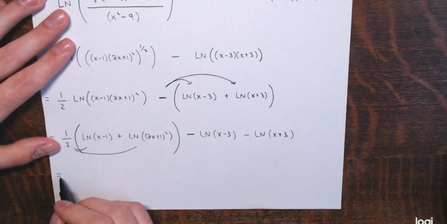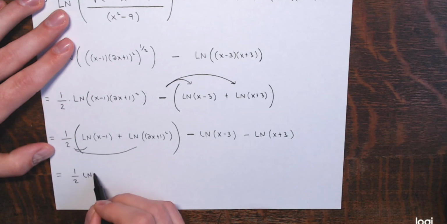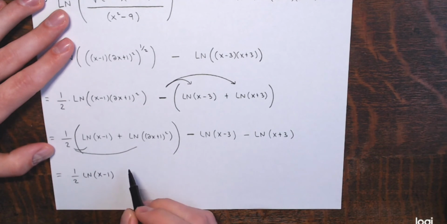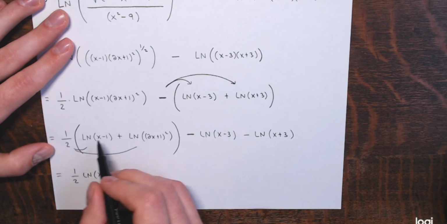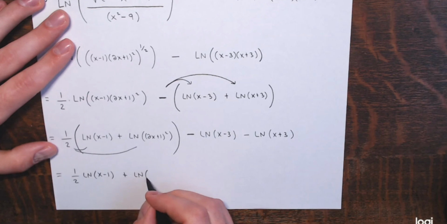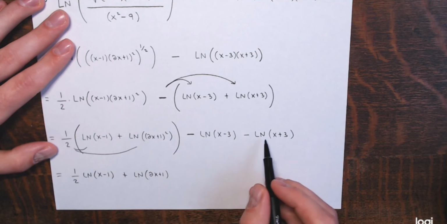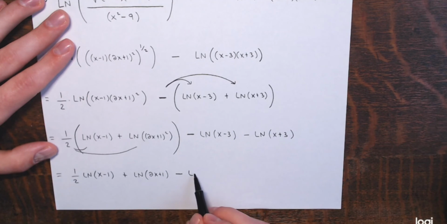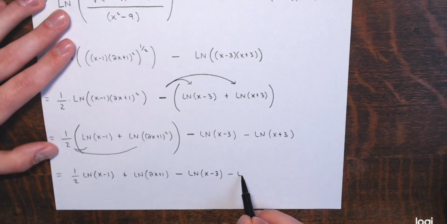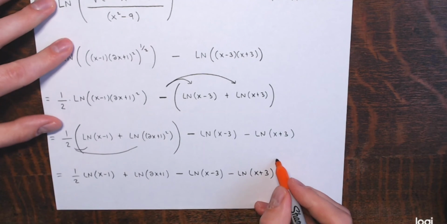So we have half times the natural log of x minus 1 plus, and then 2 times a half, which is just 1, times the natural log of 2x plus 1. Alright, the power got pulled out. And then all the rest of the stuff stays the same, minus the natural log of x minus 3 minus the natural log of x plus 3. And this is, I would say, as expanded as that expression can get.